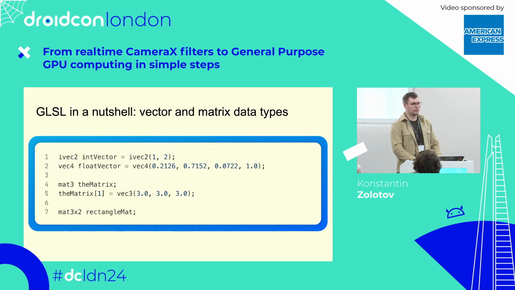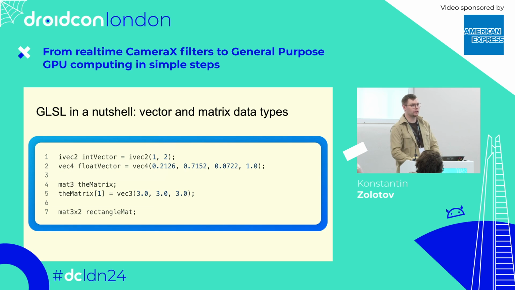There are very convenient types for vectors and matrices. They can be of 2 components, 3 components, and 4 components, not more, but that's usually enough, because a color usually has 4 components, alpha and RGB, or 3D coordinates are usually just 3 values.